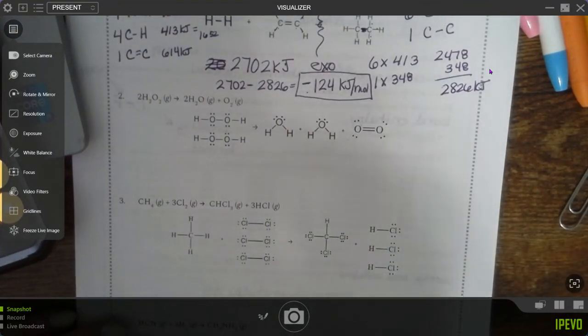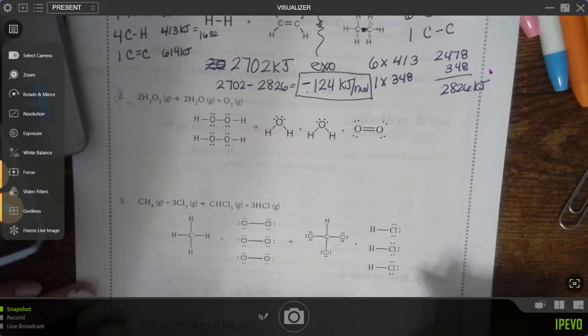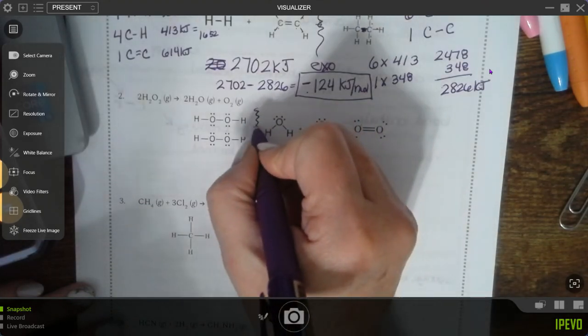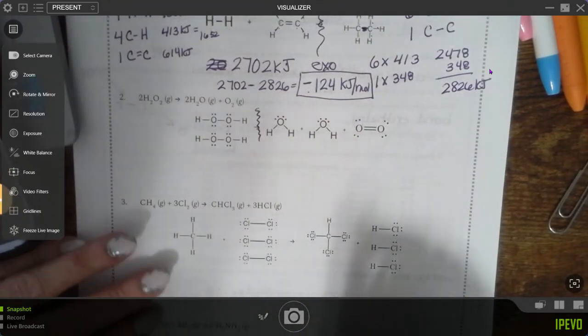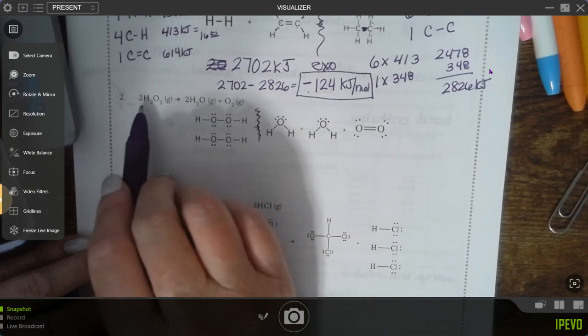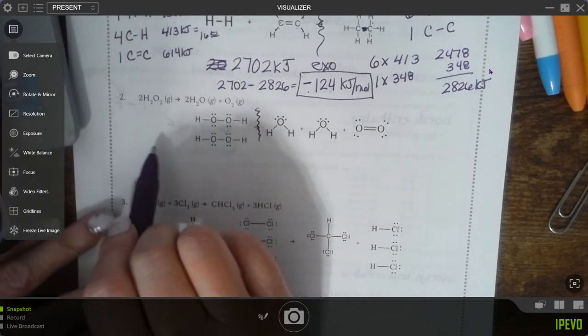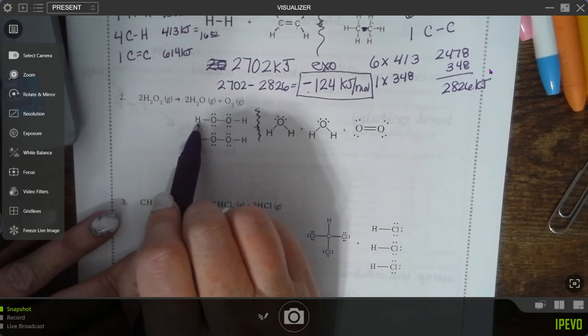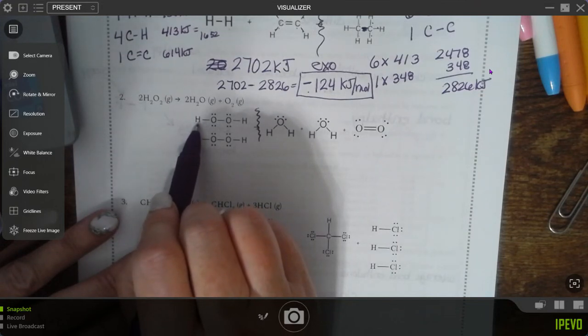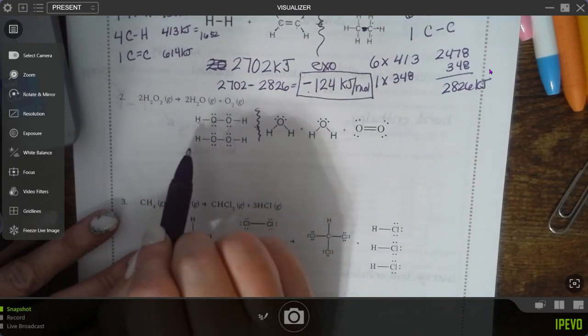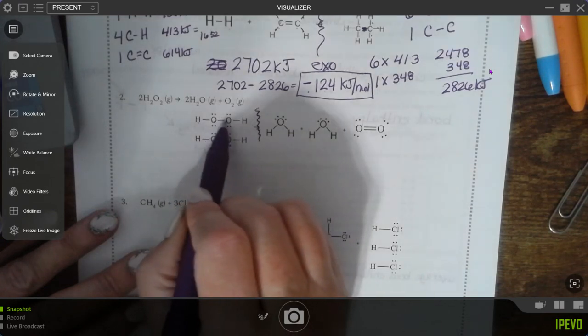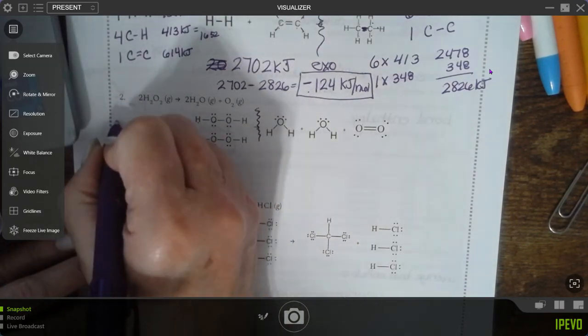All right, so for this reaction, here's our dividing line. We have two H2O2s, those are peroxides. If you look at the bonds, we have hydrogen-oxygen bonds and oxygen-oxygen bonds.